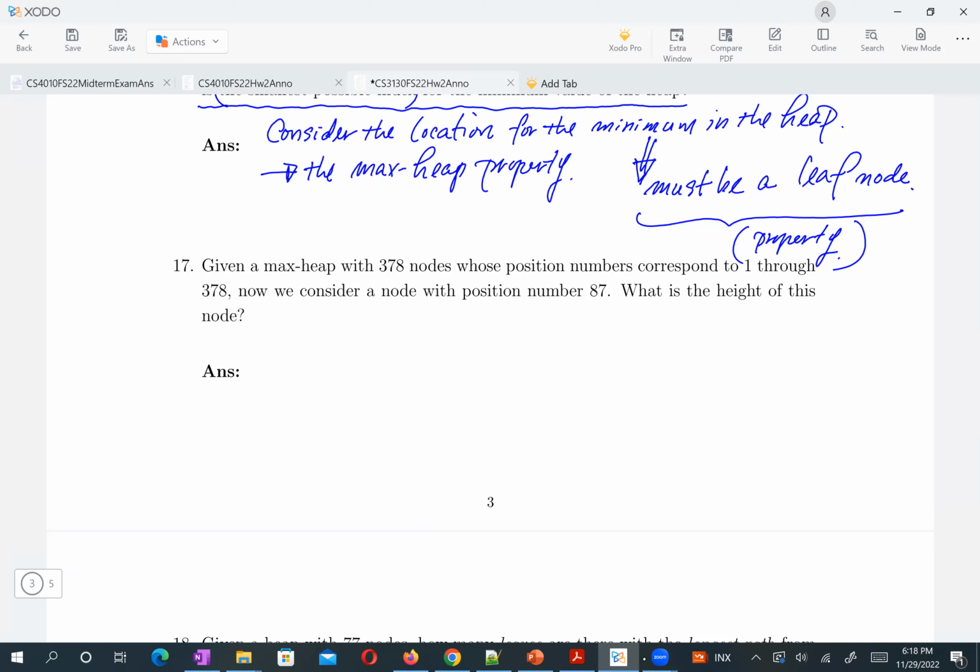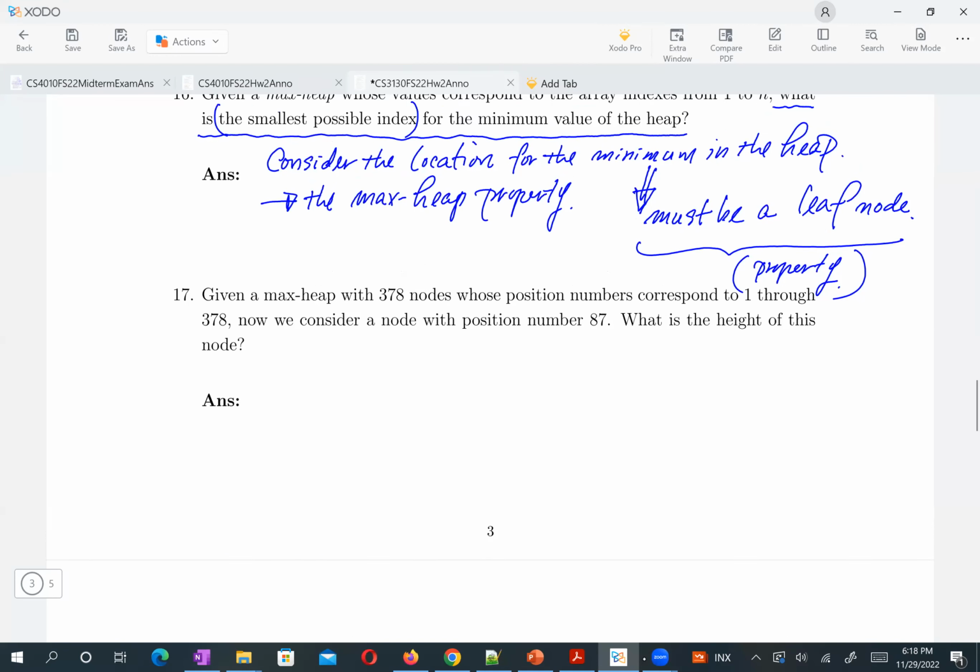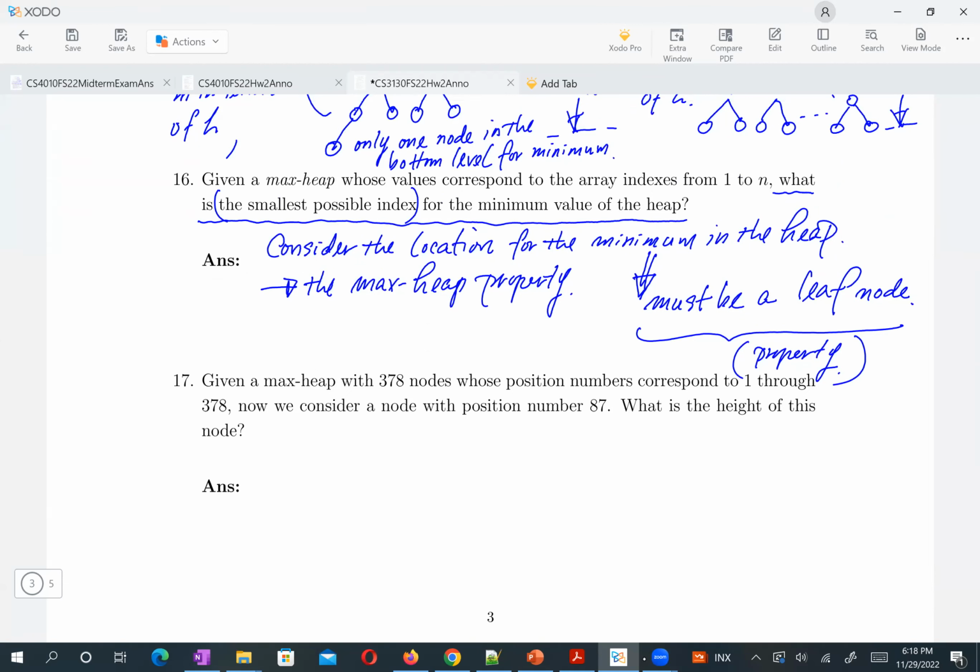Then next question. N equals 378. Position number from 1 through this number. And now we consider a node with position number 87. What is the height of this node?